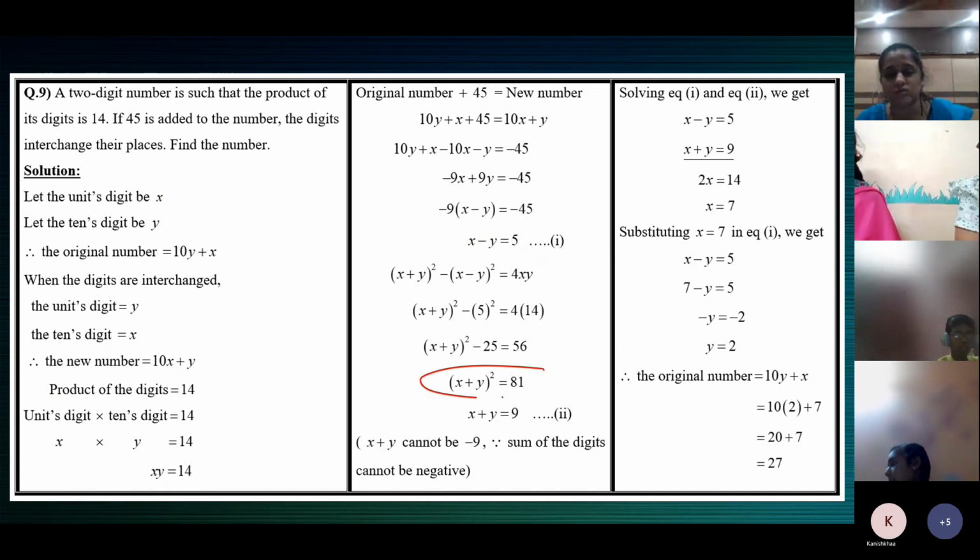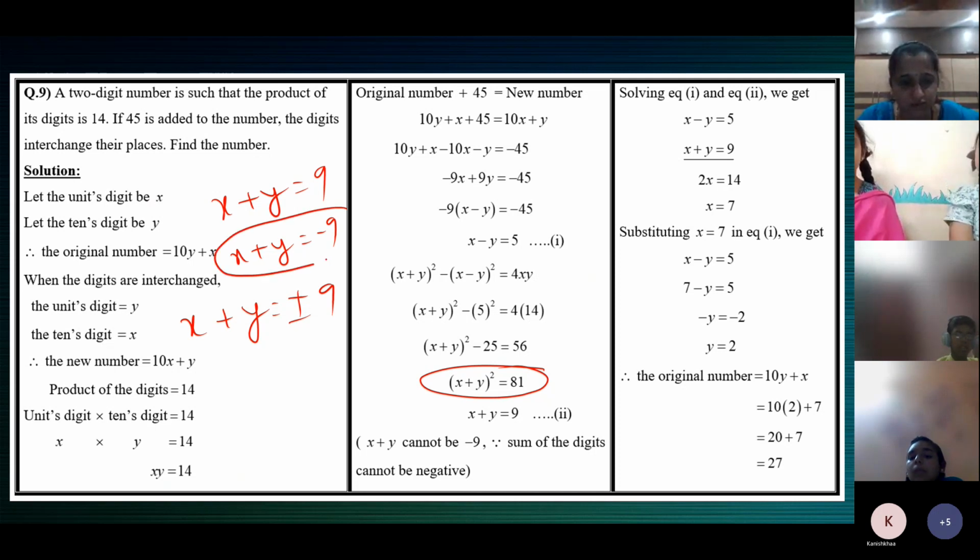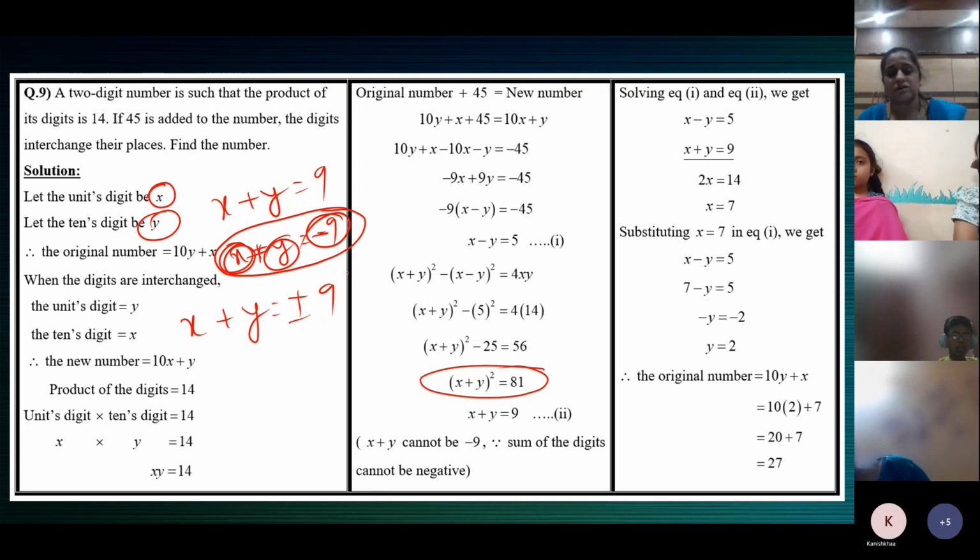Now see here, x plus y the whole square is equal to 81. So x plus y is actually plus or minus 9. So x plus y is equal to 9 or x plus y is equal to minus 9. But x plus y is equal to minus 9 would mean the sum of the units digit and the tens digit is minus 9. That's not possible. The sum of the digits of a number cannot be negative. So we take only x plus y is equal to 9, the positive value.